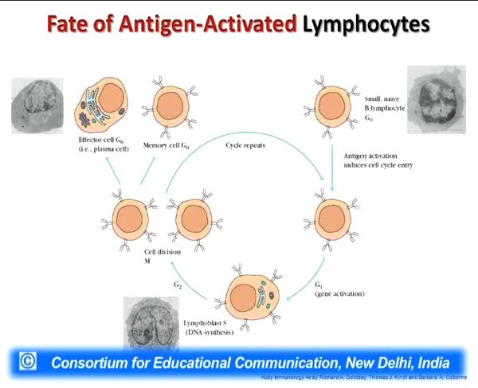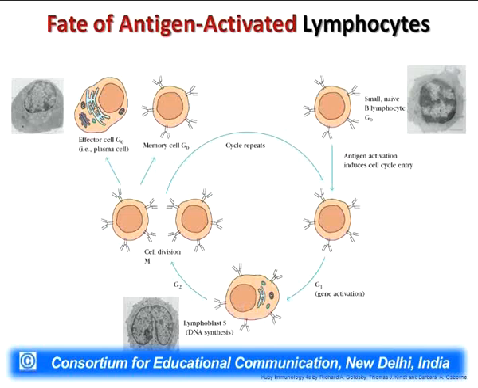Either they form effector cells which immediately attack the antigens, or they become memory cells which remain in the body circulation for a long period of time in the quiescent phase. As soon as this particular antigen invades again, these memory cells recognize it, get activated, and clear the second antigen attack within the body.